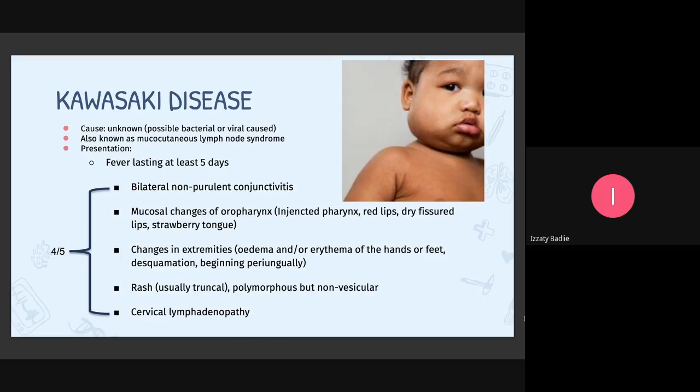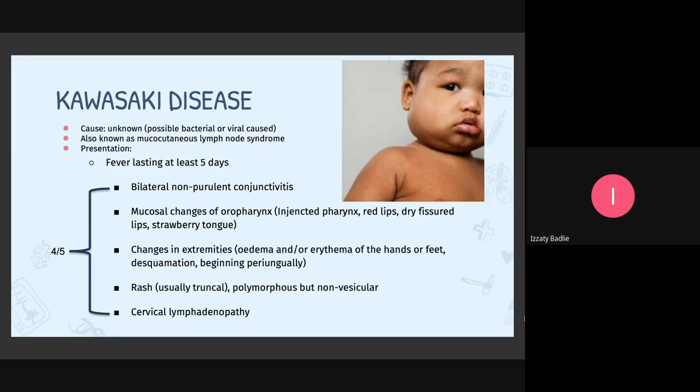So for Kawasaki disease, the cause is mostly unknown, but it is also known as mucocutaneous lymph node syndrome. From the name, we know that there is lymph node involvement, in which when Kawasaki disease infection occurs, there will be lymph node swelling.